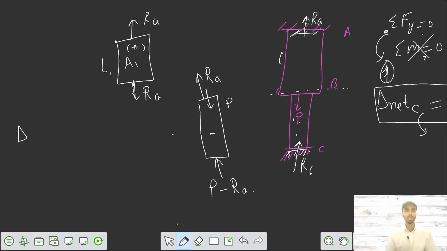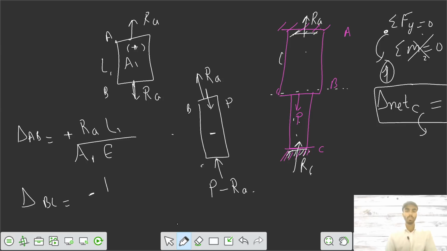So delta AB, I can write as AB, BC. Delta AB equals positive RA L1 by A1E. And delta BC was your minus, compressive, P minus RA, L2 by A2E.